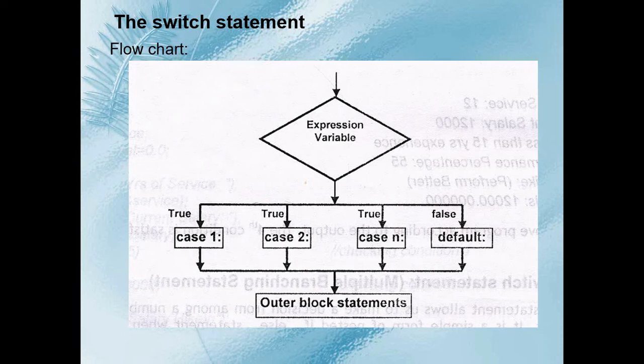For example, suppose the expression variable given here is 2. So this value 2 matches with the case 2 value. So the statements given in this case will be executed and it ignores the other case blocks.